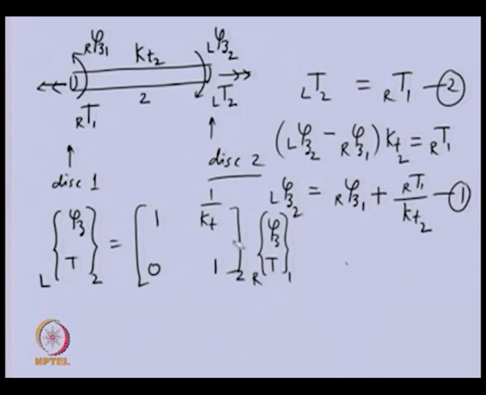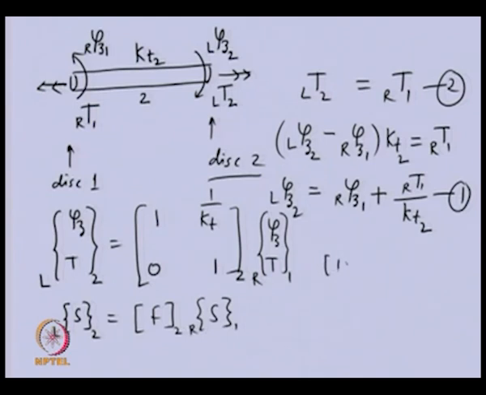So, this particular matrix is related to the second shaft, and in more compact form we can write both as the state vector S left of 2 is equal to, and this matrix I am calling the field matrix for shaft 2, times the state vector right of 1.